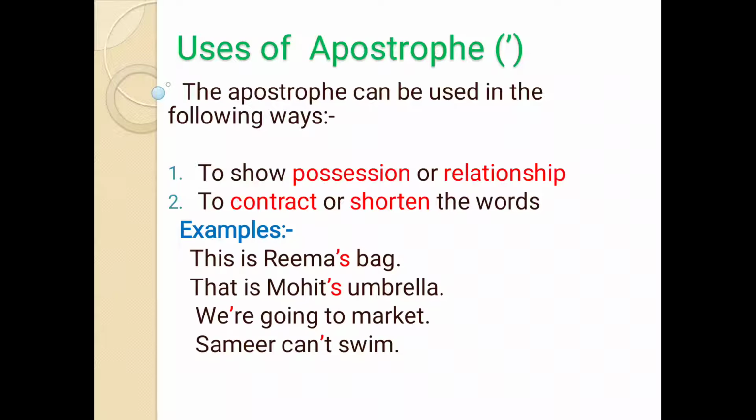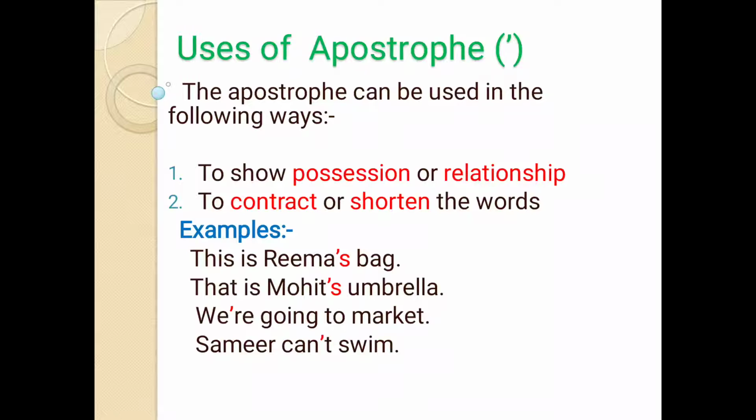Number two, to contract or shorten the words. Look at the examples. This is Rima's bag. That is Mohit's umbrella. Next, we're going to market. And the last sentence, Samir can't swim.